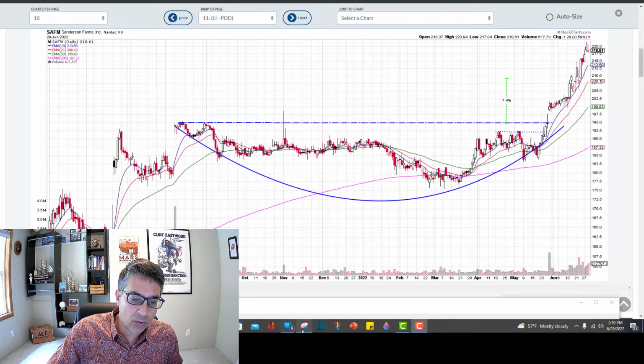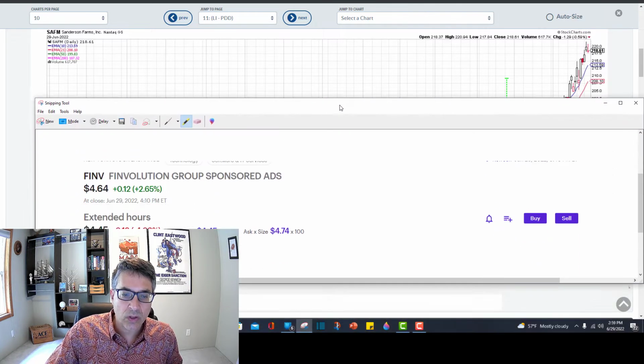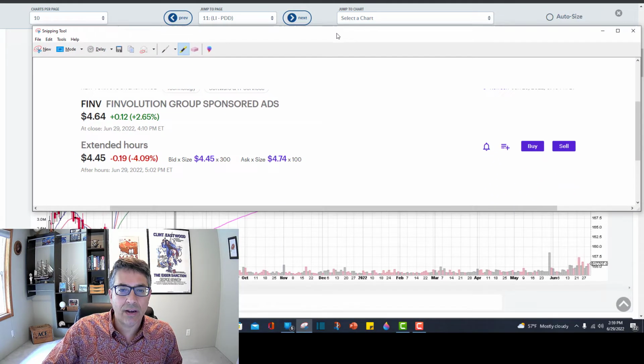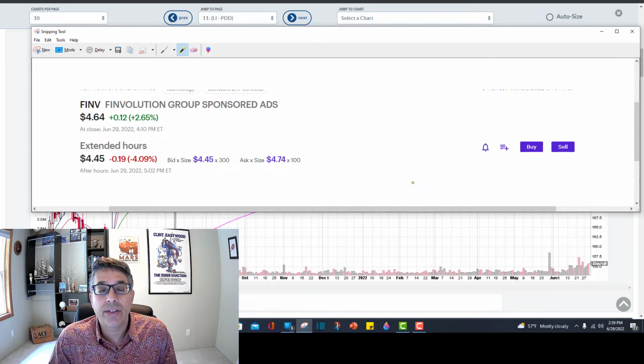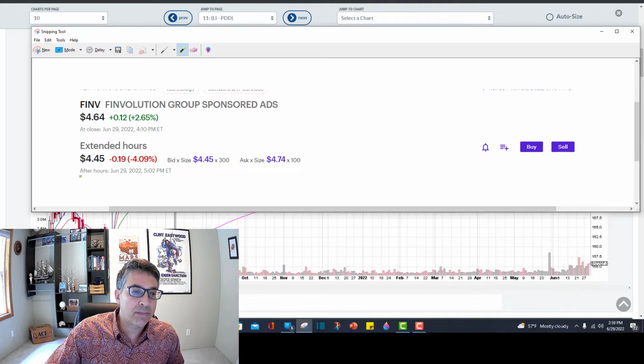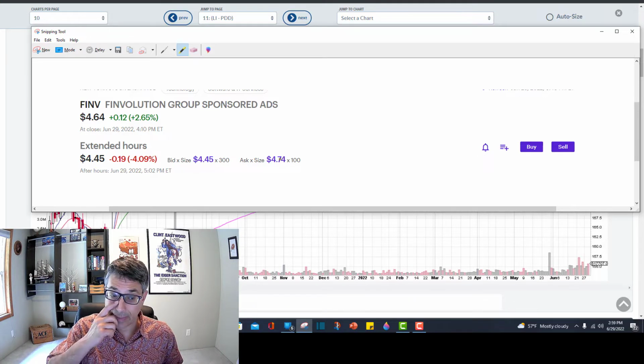Now, a market order, let's get to the topic at hand. Let me show you this. When you have a stock, you have the bid price and the ask price. A market order guarantees execution, guarantees you will buy or sell the stock. If you buy at market, you're going to buy it at whatever the ask price is, 4.74 in this case.